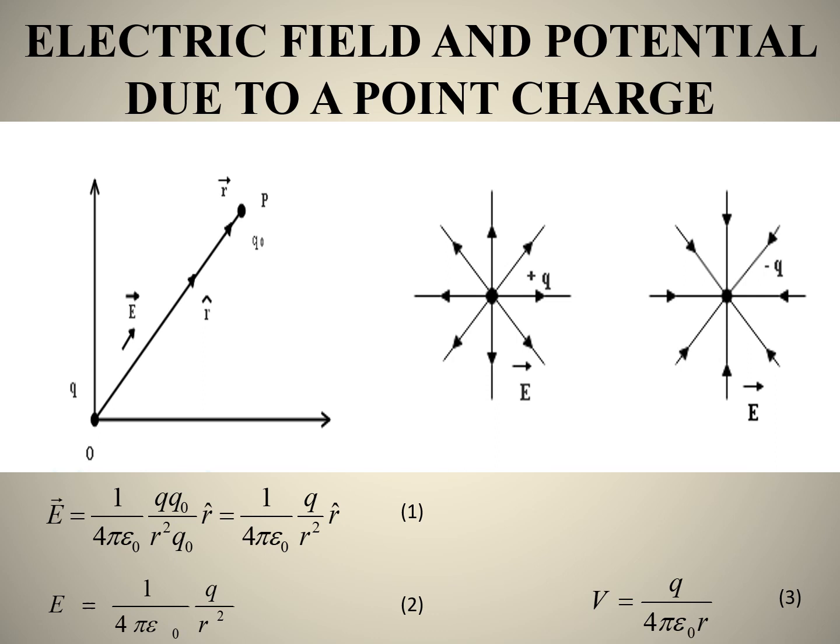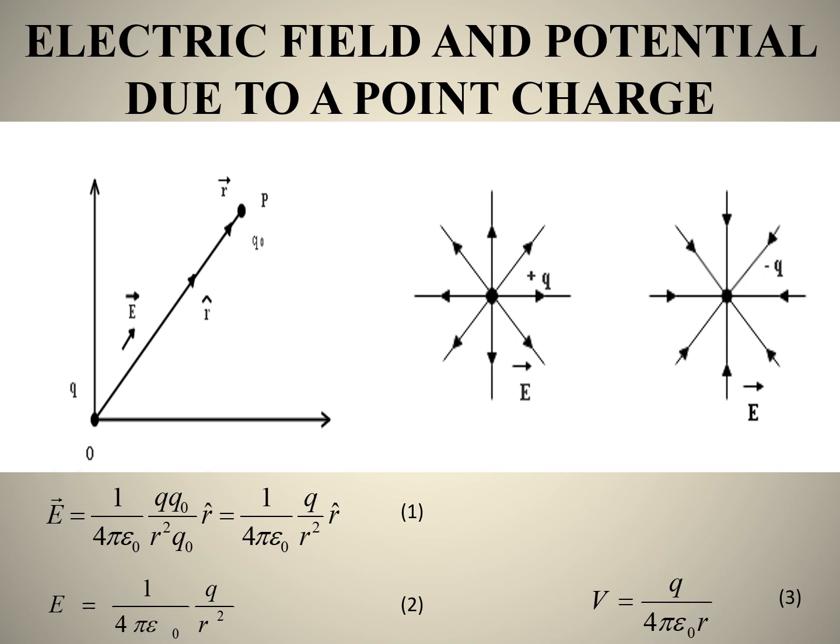The electric field given by equation 1 shows that if the charge is negative, then the electric field will have a direction opposite to the unit vector r cap, because in that case the electric field vector will be equal to minus 1 by 4 pi epsilon naught q by r square into r cap if the charge is minus q, means if it is negative.